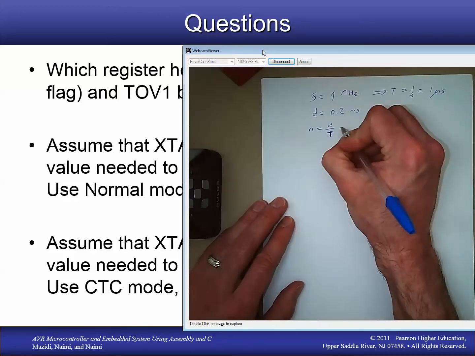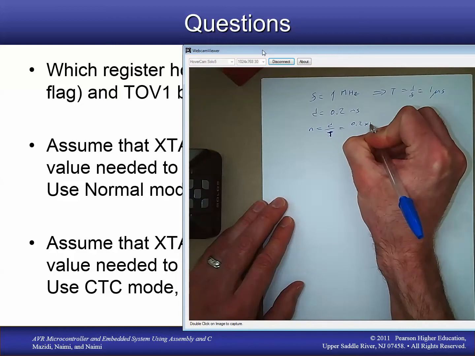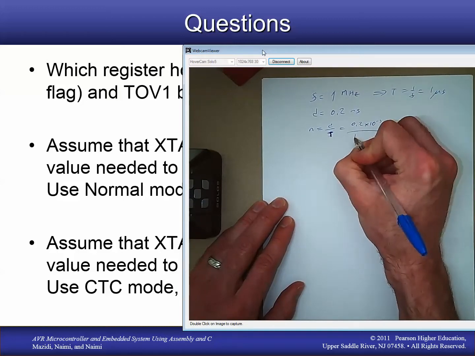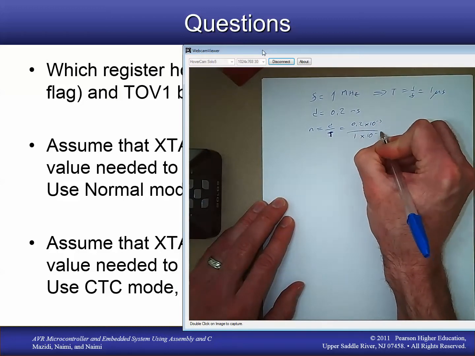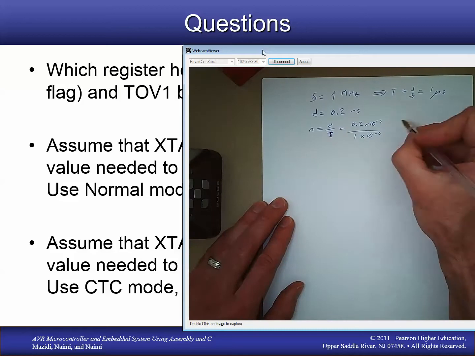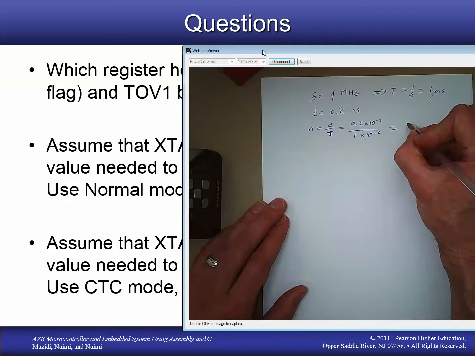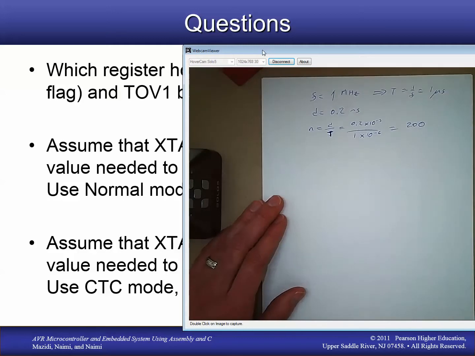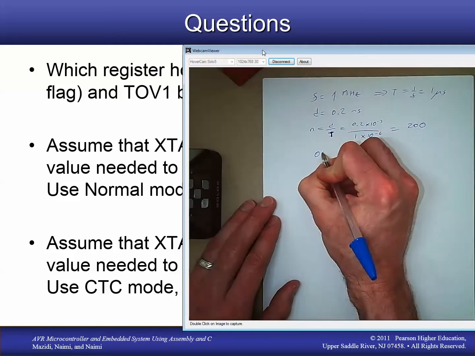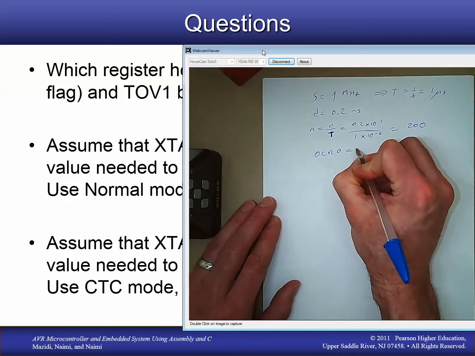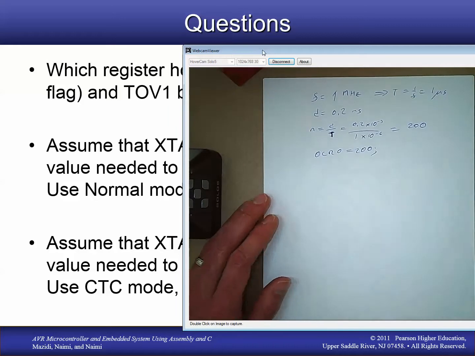Okay, so this is 0.2 times 10 to the minus 3 divided by 1 times 10 to the minus 6. And so that's equal to 200. So 200 pulses. So OCR0 equals 200 is what we need to write in order to get a 0.2 millisecond delay.